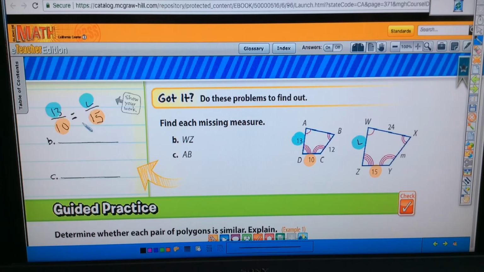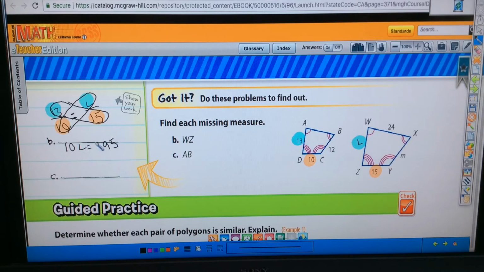Okay, so let's go ahead and multiply this out. 10 times L is 10L. And 13 times 15 is 195.